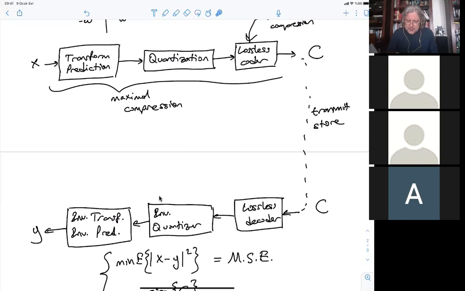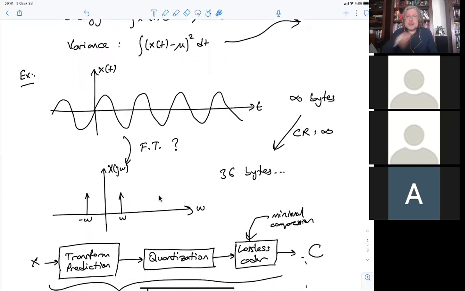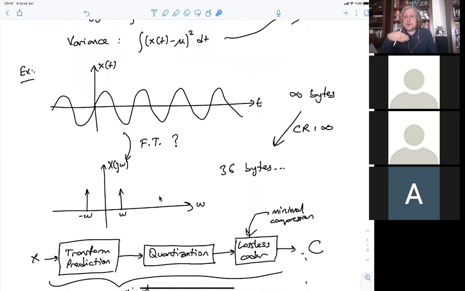And then finally, we will be talking mostly about these transforms, because that is the place where most of the entropy reduction occurs. Have you noticed that in this example of the sine wave versus its Fourier transform, the information gain, the entropy gain was tremendous.